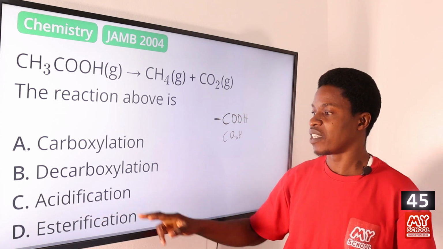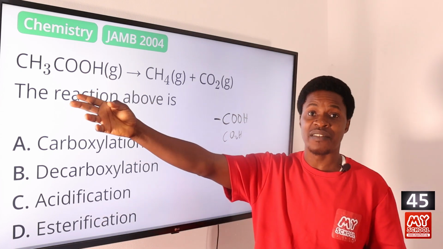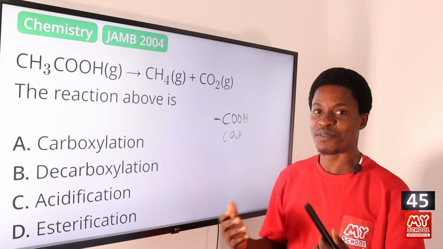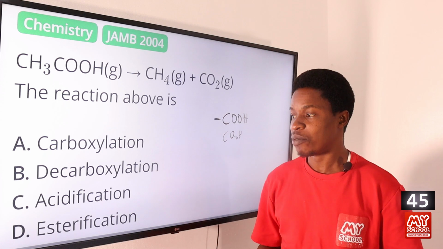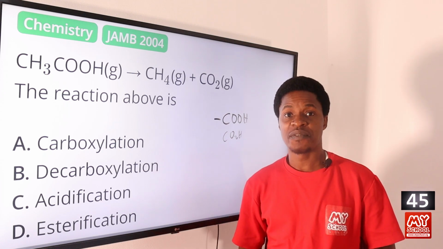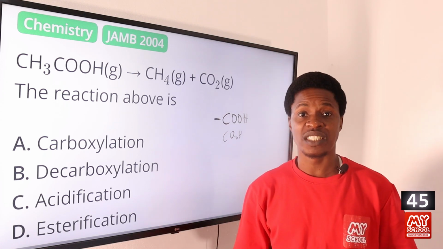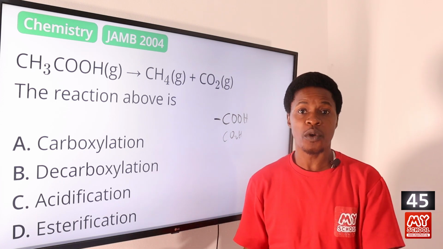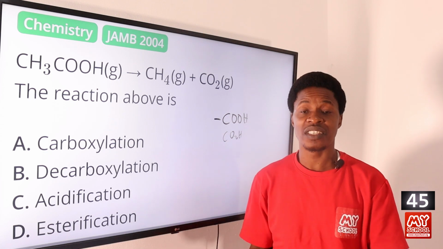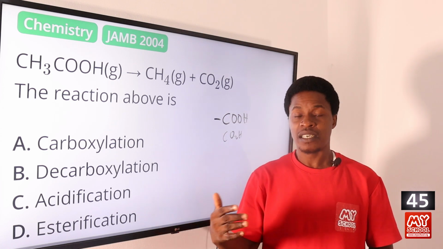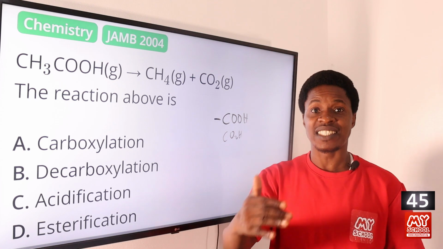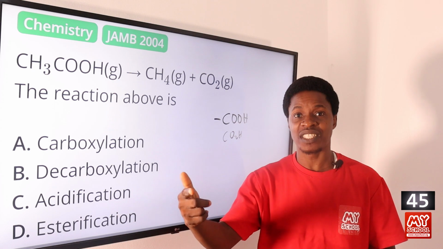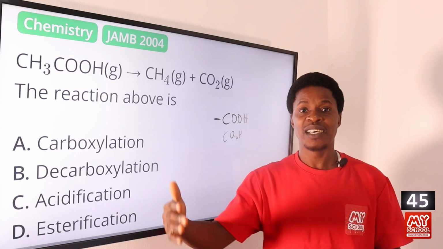Option C says acidification. We are not acidifying it. This is acid itself. We are not adding acid to it, so option C is eliminated. Option D says esterification. Esterification is a reaction of an alkanoic acid reacting with an alkanol to produce what we call an ester, that is alkanoate, plus water.